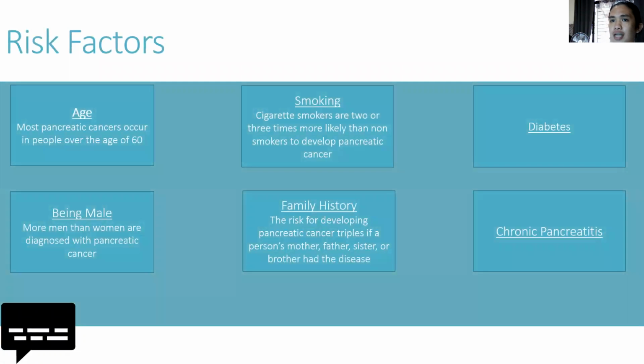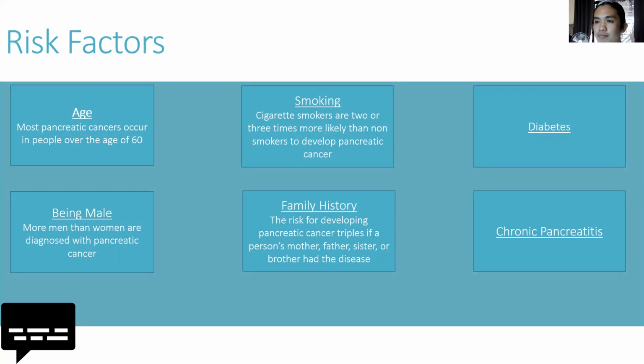This one is the risk factors. Age. Most pancreatic cancers occur in people over the age of 60 or 65. Being male: more men than women are diagnosed with pancreatic cancer. And smoking. Cigarette smokers are 2 or 3 times more likely than nonsmokers to develop pancreatic cancer.